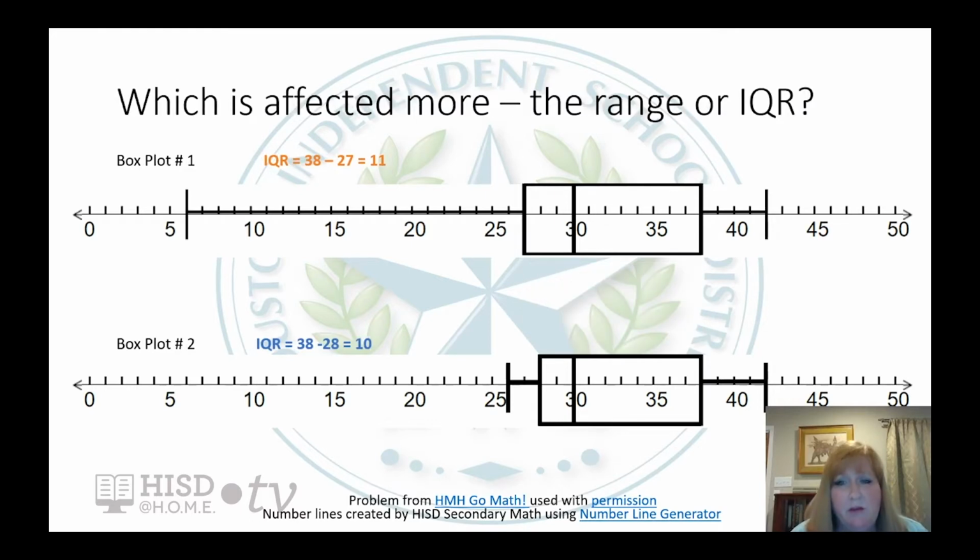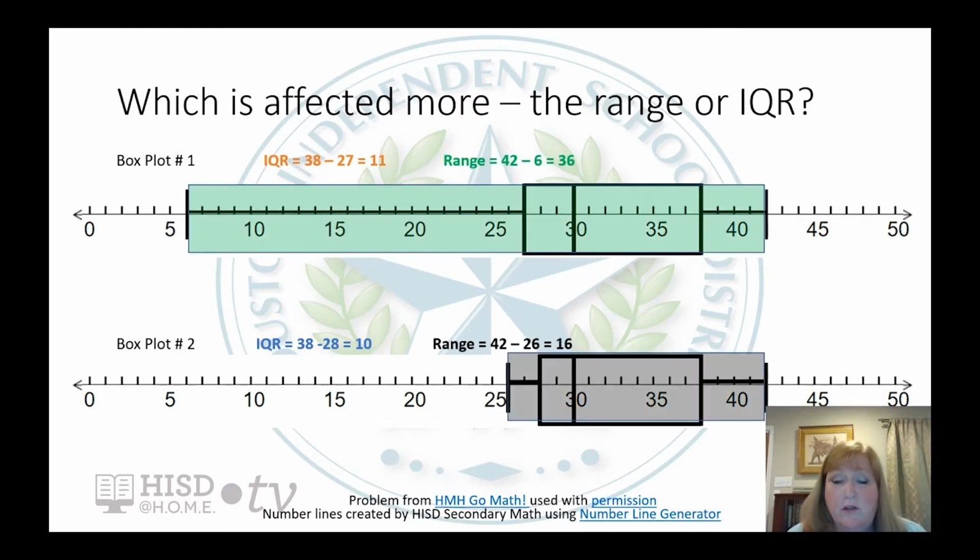Which is affected more, the range or the IQR? Now, we've already calculated the IQR values from the last question. Remember, that was Q3 minus Q1 to calculate IQR. To find my range, I'm looking to see how far it is from one whisker to the other whisker. The very, very highest and lowest values are what calculate my ranges. So for box plot 1, my range extends from 42 all the way down to the 6.